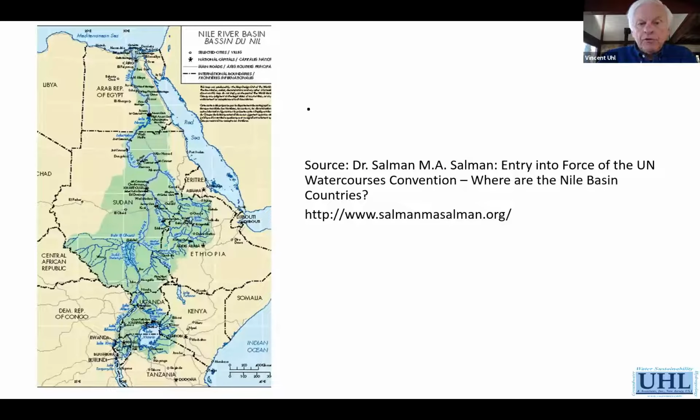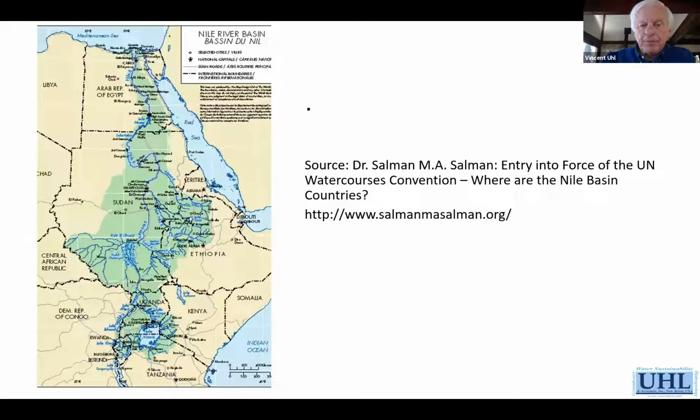So just a quick overview. In green is the footprint of the Nile Basin, extending from Burundi in the south up to the Delta at Alexandria in the north.